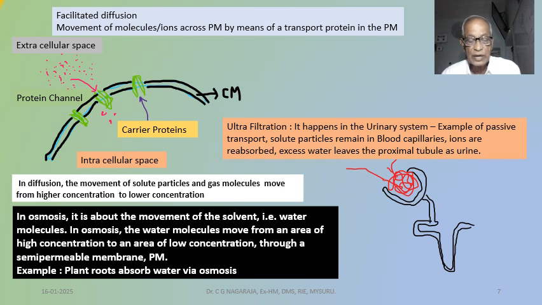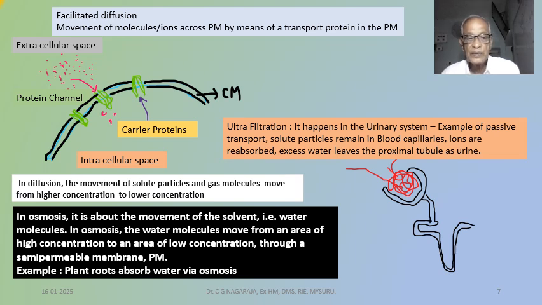And when it comes to the Bowman's capsule, what happens is, inside the system you find a red ball-like structure. From that system, water molecules will move into the capsule-like structure called Bowman's capsule, and from there they get into what's called the proximal tube, the nearest tube.